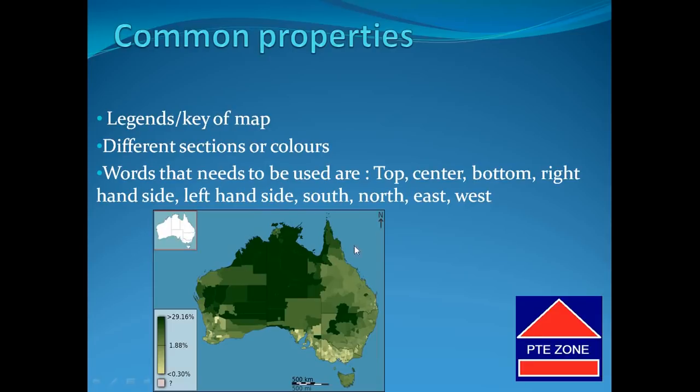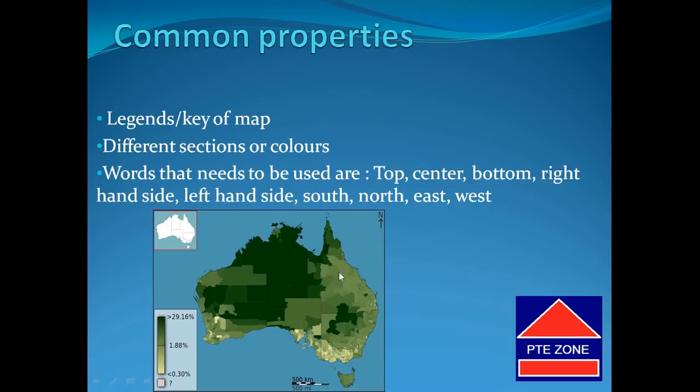So for example, in this figure you can see this map has different sections which have different colors, right? And now this legend tells what color means what information, right? So the common property is that all the maps will have legends, or it is also called key of the map, right?